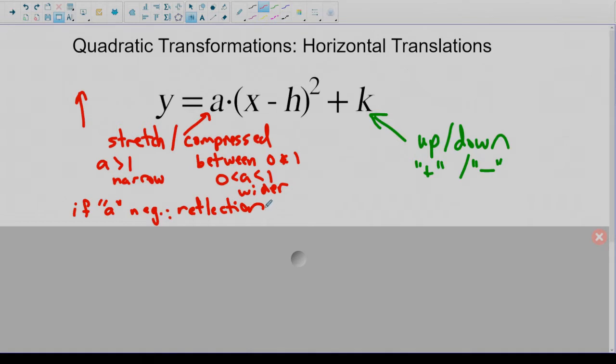Okay, so we know those two letters do something. Now, what do the y and x do? A lot of students will ask me that question. Well, the y and x are just there because everything that we're going to be plotting on a y and x axis needs to have y and x in the equation. The y and x just represent all of the different coordinates.